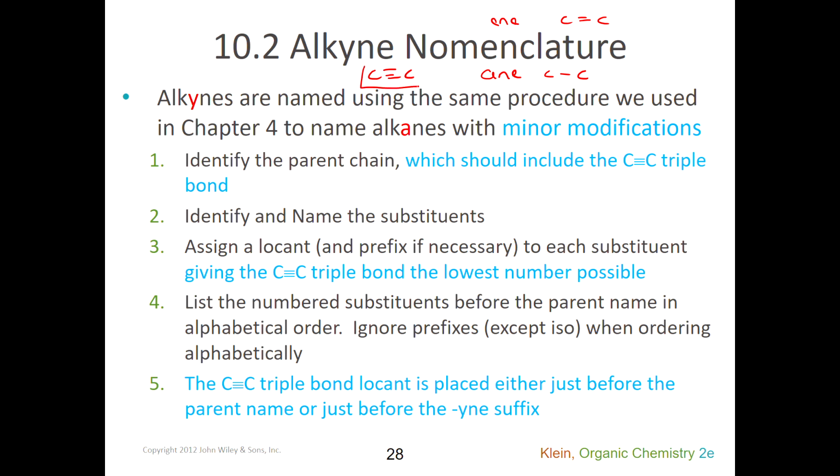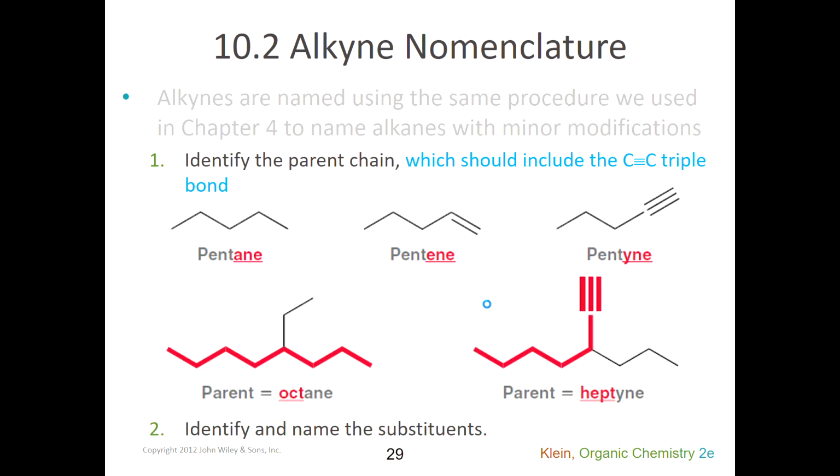If it's a triple bond, it's alkyne, so I'm going to change the suffix to -yne. I'm going to make sure my parent chain includes the triple bond so that I can use the -yne suffix. A lot of these steps are the same as what we've talked about. I do want to prioritize the triple bond though and give it the lowest number possible.